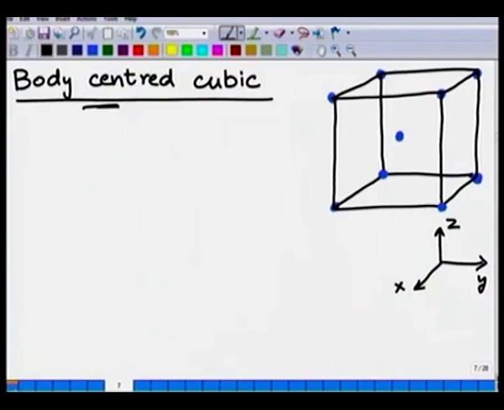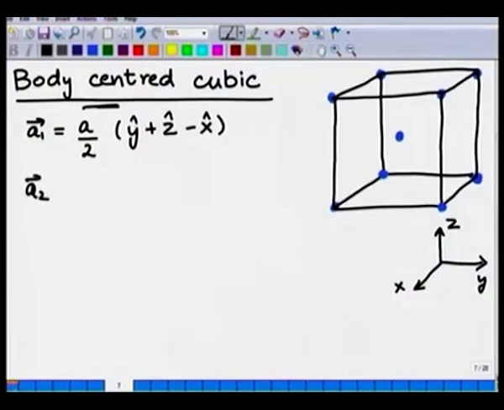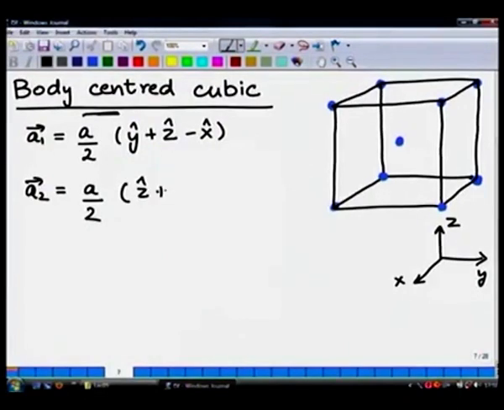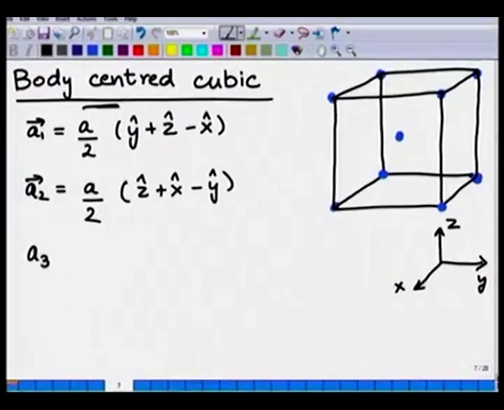Let us first write down our primitive vectors in the direct lattice: A1 we had taken as a by 2 (y hat plus z hat minus x hat), and A2 was equal to a by 2 (z hat plus x hat minus y hat), and A3 was a by 2 (x hat plus y hat minus z hat).